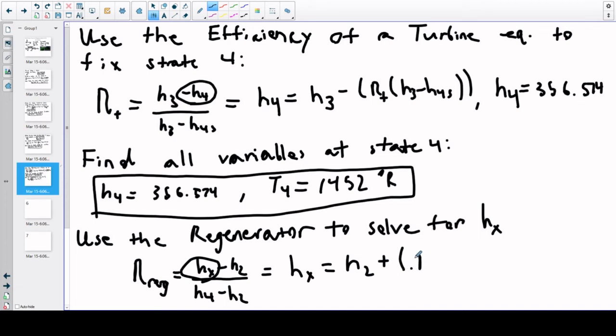And so Hx, if you manipulate that equation, you get H2 plus the efficiency times H4 minus H2, which means Hx is then equal to 350.193.